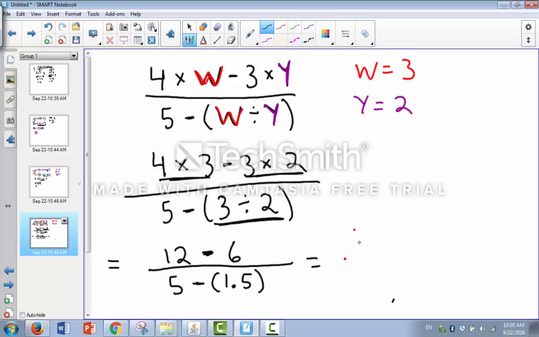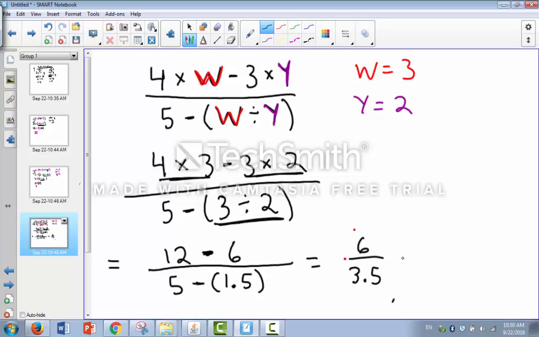And now simplifying the top, I get 6 divided by 5 minus 1.5, which is what? So 5 minus 1 is 4, and then minus 0.5 is 3.5. Now I'm going to divide, so I get 6 divided by 3.5.